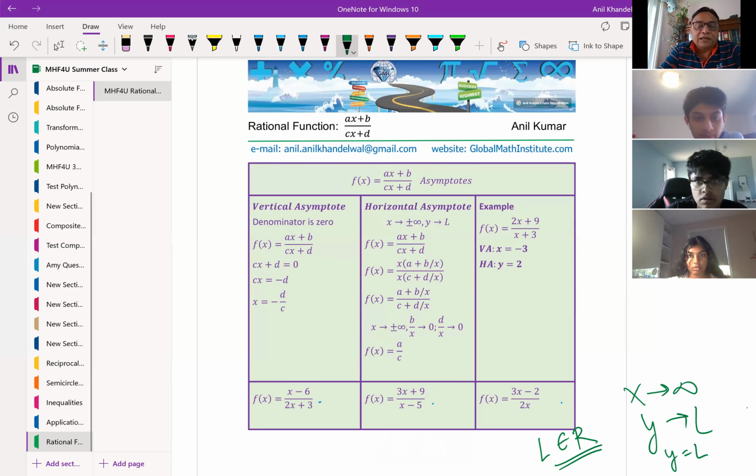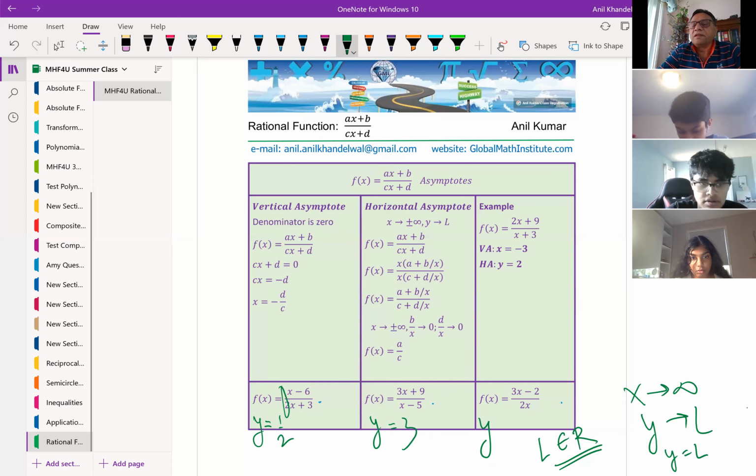Now, quickly, tell me one by one. What is the horizontal asymptote, Akshay, for f of x equals x minus 6 divided by 2x plus 3? Sir, I think it'd be a over c, right? Yes, it will be this ratio. So how much? 1 over 2. Hamza, can you tell me the horizontal asymptote for the second equation, 3x plus 9 over x minus 5? 3. So easy.